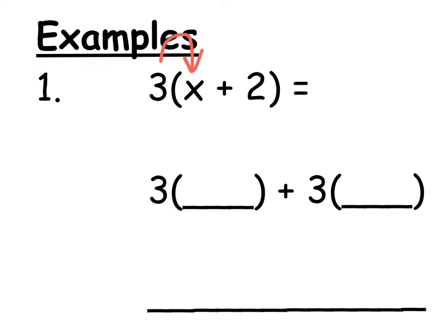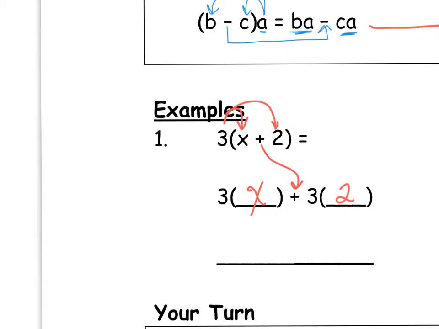So we're going to do 3 times x, and then our addition sign comes down. We do 3 times 2. So our final expression looks like 3x plus 3 times 2 gives us 6.